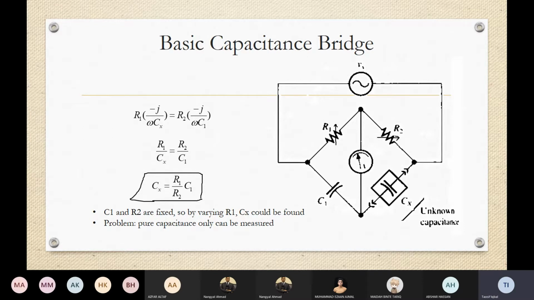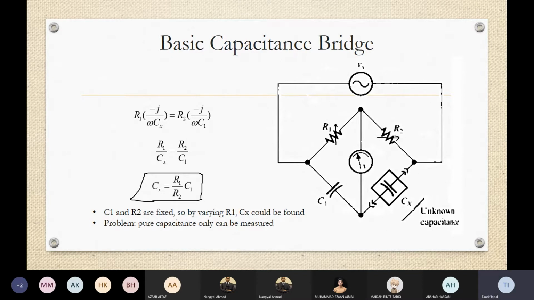So this could be done using the values of C1 and R2 as fixed, and we can just vary the value of R1 and find out the value of unknown capacitance. This circuit can help us only when we have a very good capacitor, and by good capacitor we mean that it does not have any parasitic resistance, or that the parasitic resistance is negligibly small.